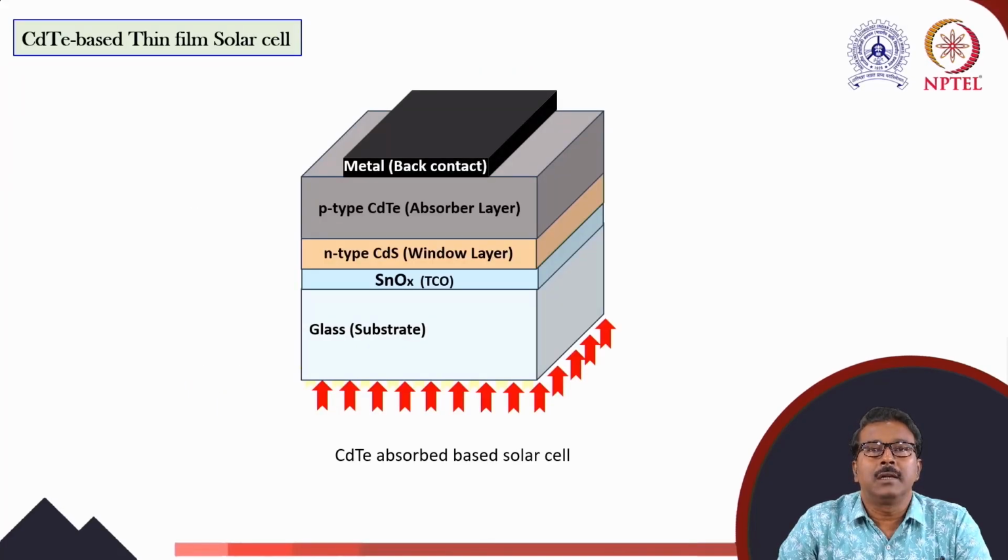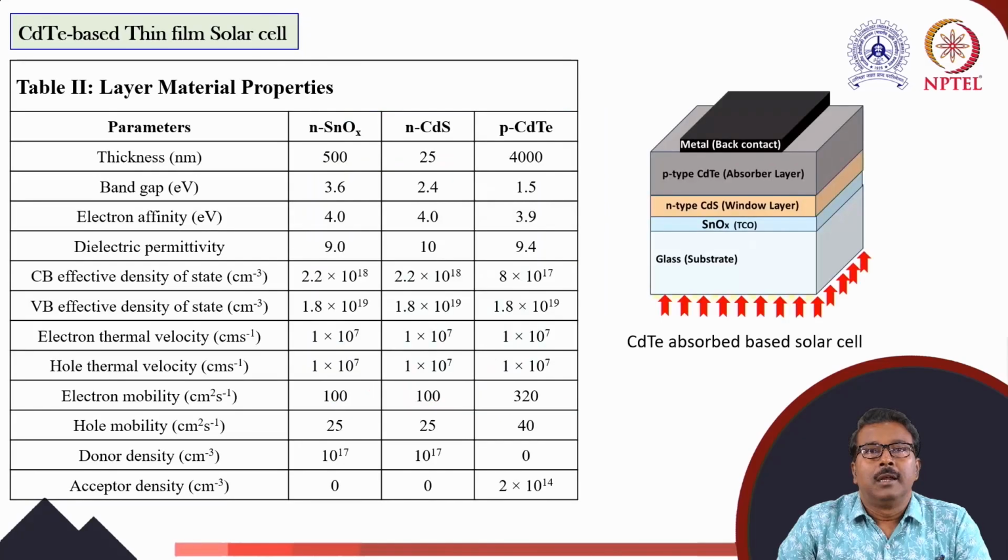Again, we consider the same structure, that is cadmium telluride based thin film solar cell. Already we discussed in last class and also earlier classes. And the material parameters also we set during simulation, also varied some parameters and shown how to vary these parameters to observe the effect.